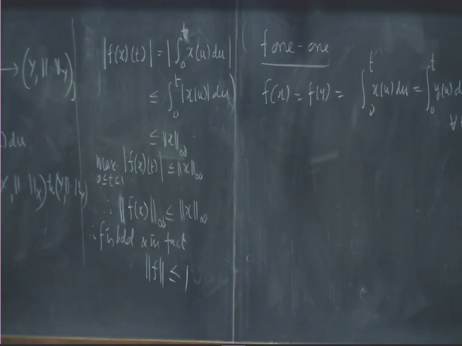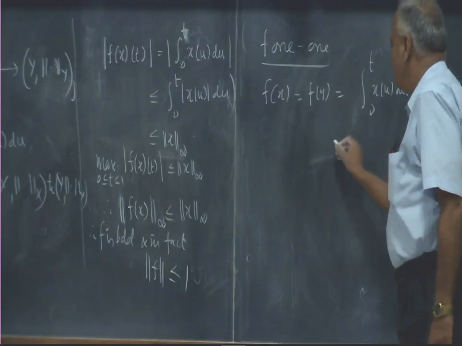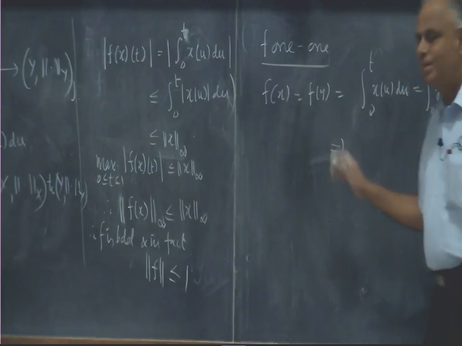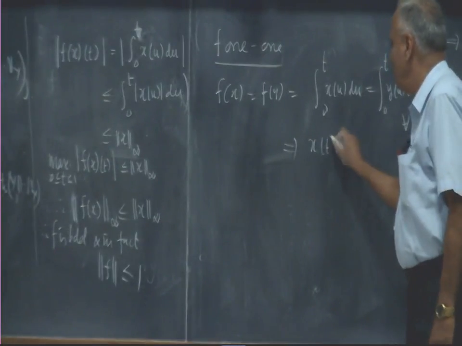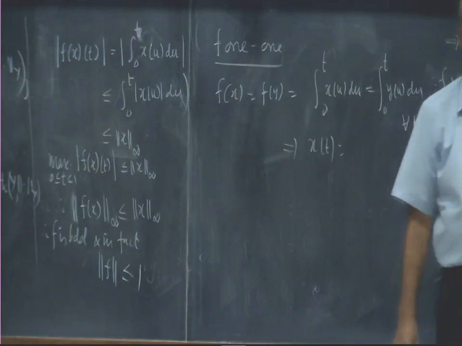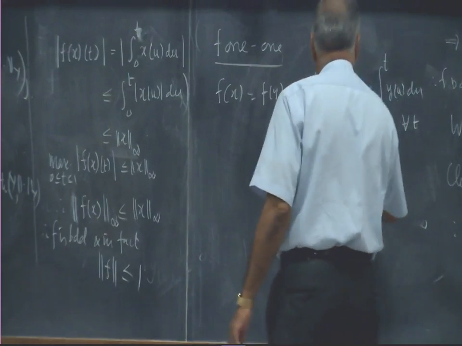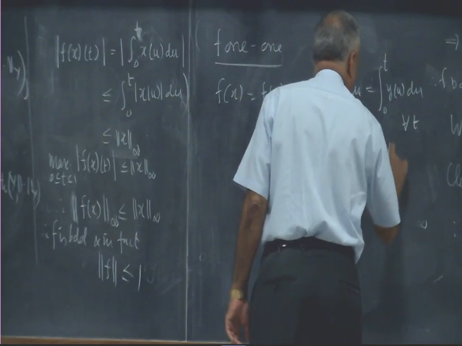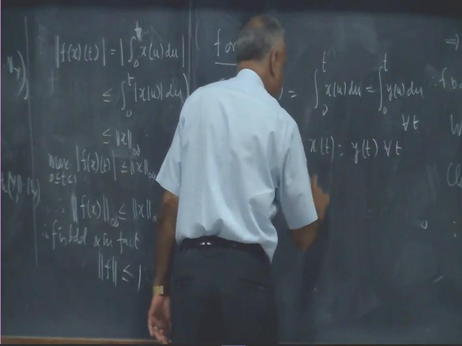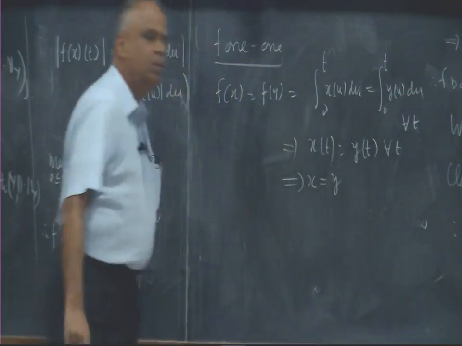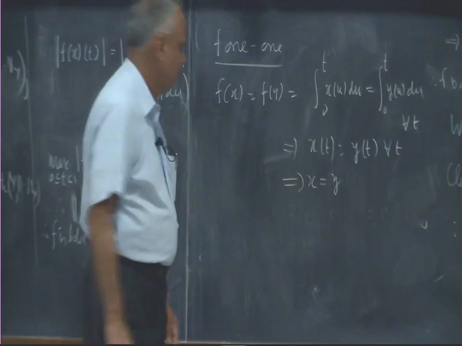The two functions are the same, therefore at every point they must be same. But then I can differentiate both sides. I will get x of t. Why can I differentiate? Because the integral of a continuous function is differentiable. So I can differentiate this, get x(t) equal to y(t) for every t, which means the two functions are the same. So therefore f is one-one.